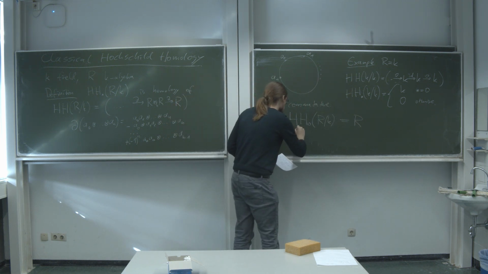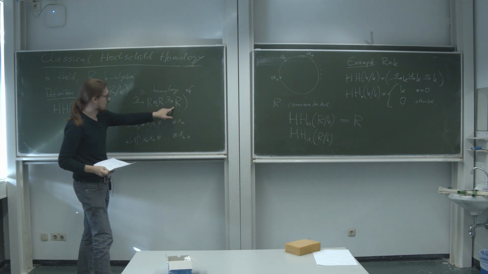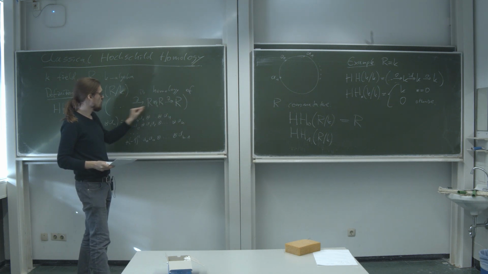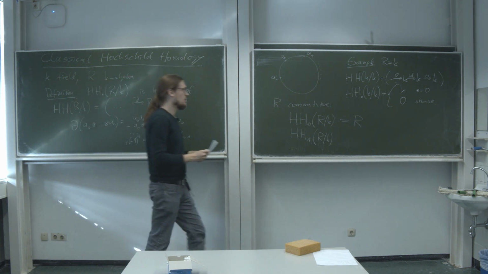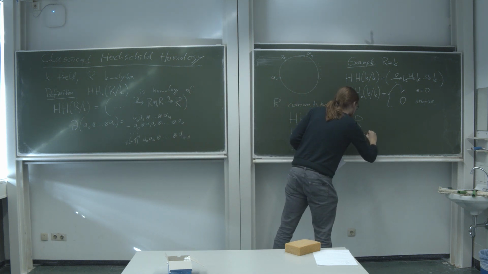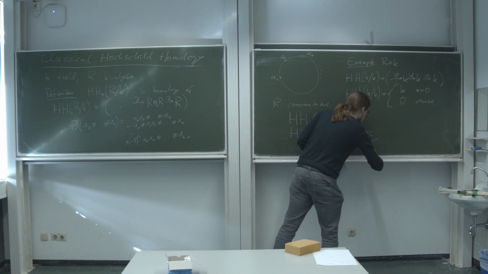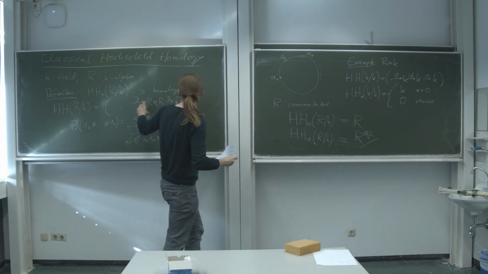And the first Hochschild homology group, which is the kernel of this map, which is 0, modulo the image of that map, can be written as a quotient of a tensor product of 2 copies of R modulo the image of the incoming map.